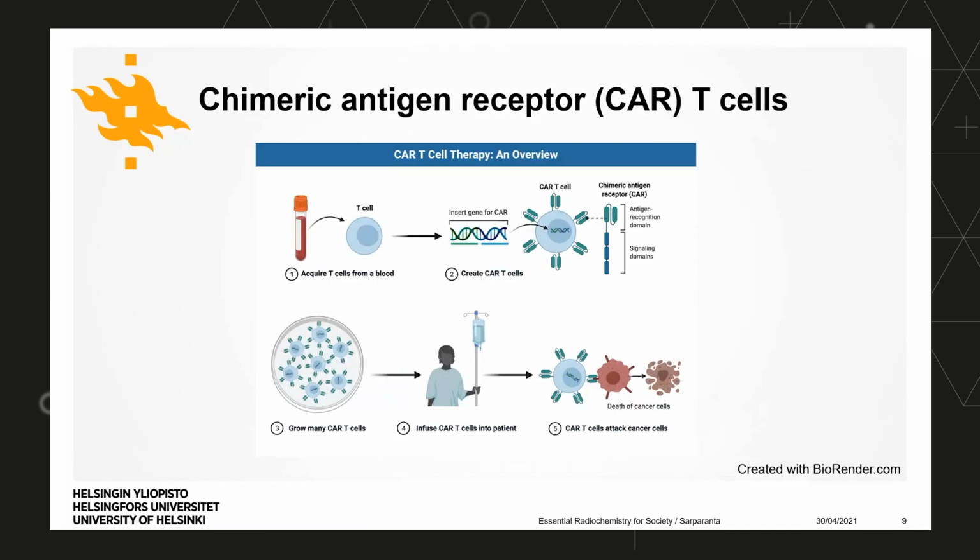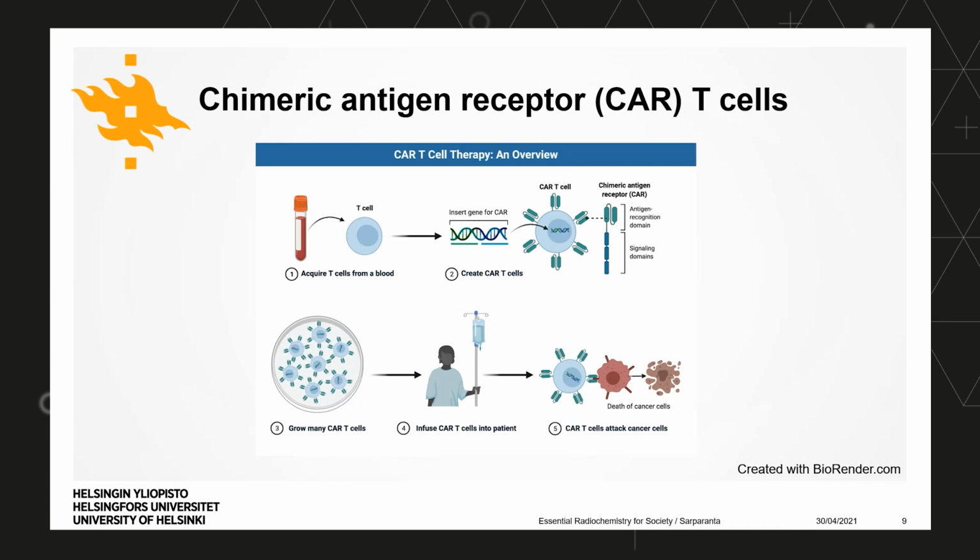One of the foremost and most successful strategies to date has been the use of chimeric antigen receptor, or CAR T cells. They are made so that you acquire T cells from the patient's blood and you transgenically insert a chimeric antigen receptor raised to recognize certain tumor-associated antigens.